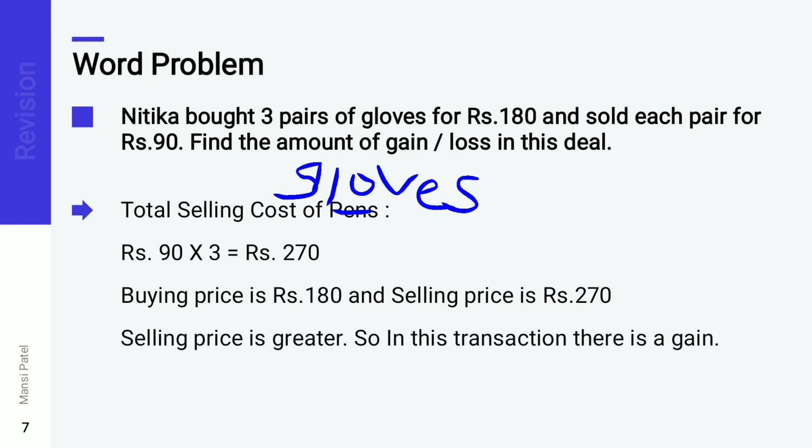Now in this, the selling price is greater. So in this transaction there is a gain, or we can say there is a profit. And profit of how much? Do the subtraction, 270 minus 180. Then we can say that Nitika is in profit of rupees 90.